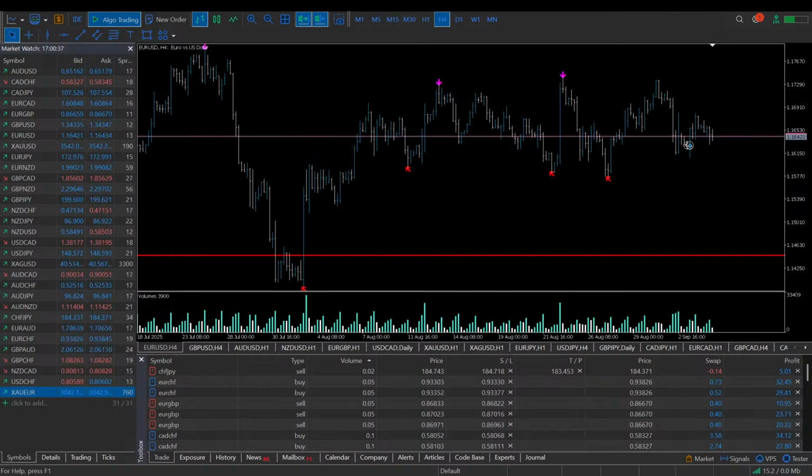Okay, so the market is struggling right now, but there is a chance that we may be retesting that area.